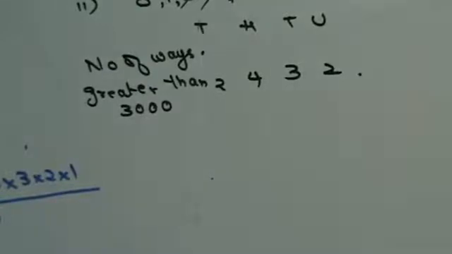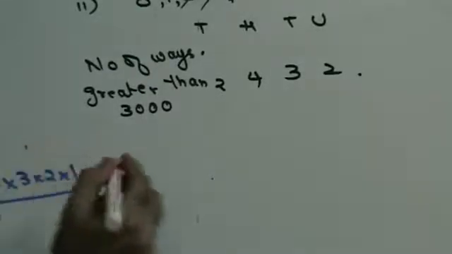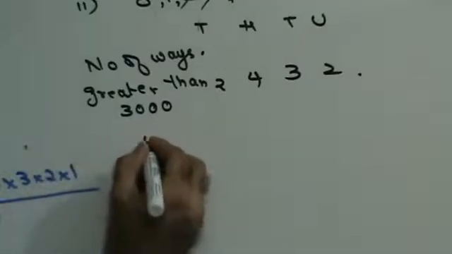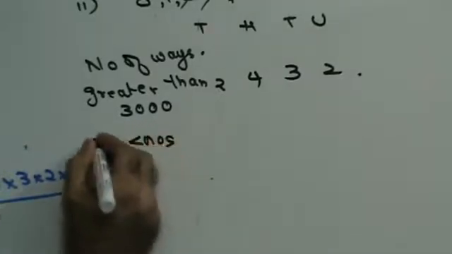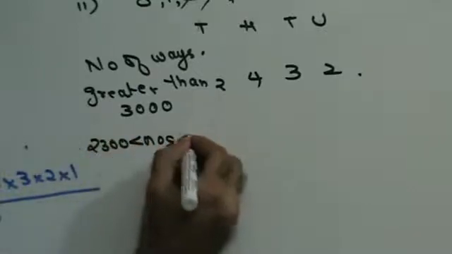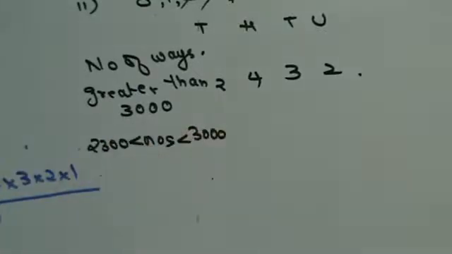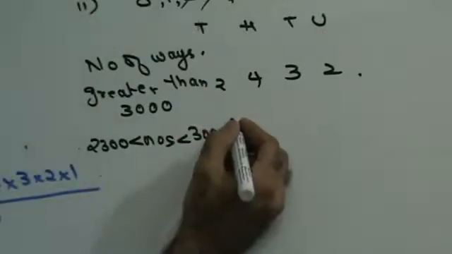Now I want the number to be greater than 2300 and less than 3000. I have found out all the numbers which are greater than 3000. Now I will find out the numbers between 2300 and 3000. If I want the number to be greater than 2300, the thousands place will have to be filled with only 2.